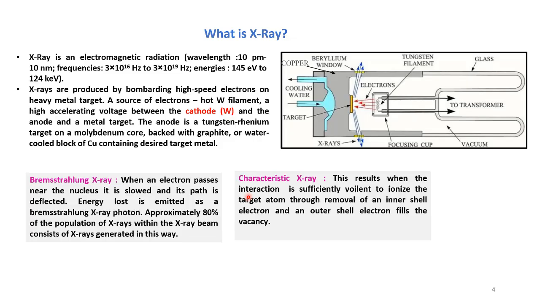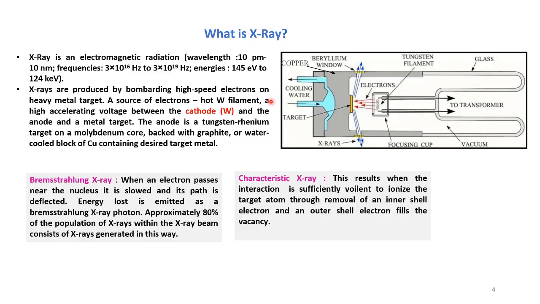So coming to what is X-ray, it is an electromagnetic radiation. As I've told, the wavelength is from 10 picometers to 10 nanometers, and you can convert it into frequency and energies in electron volt. These are produced by using very high speed electrons on a heavy metal target.